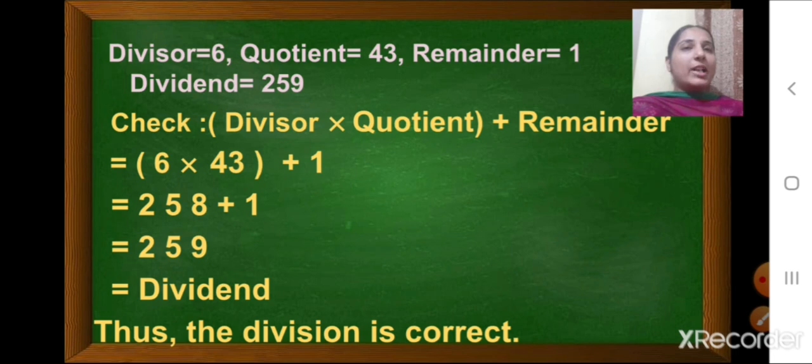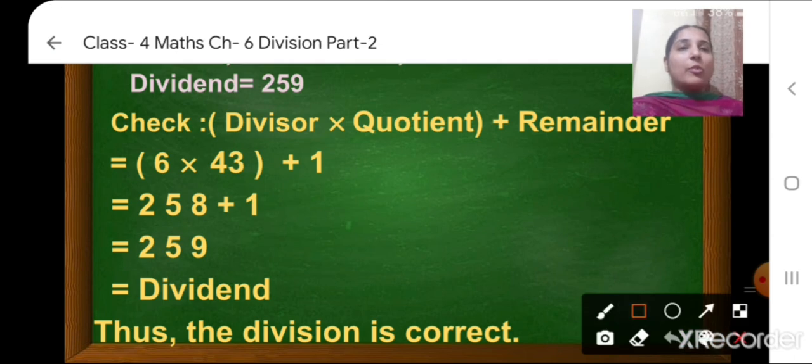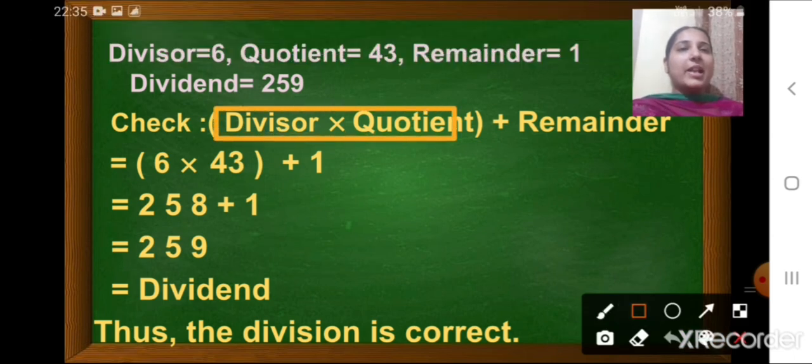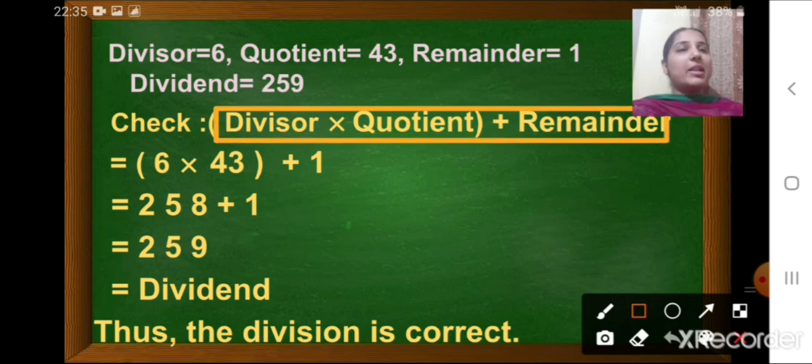There is a formula, that is divisor multiplied by quotient, then plus remainder. It means first we will multiply divisor and quotient, and then whatever product is obtained after multiplying, we will add the remainder to that. Okay.